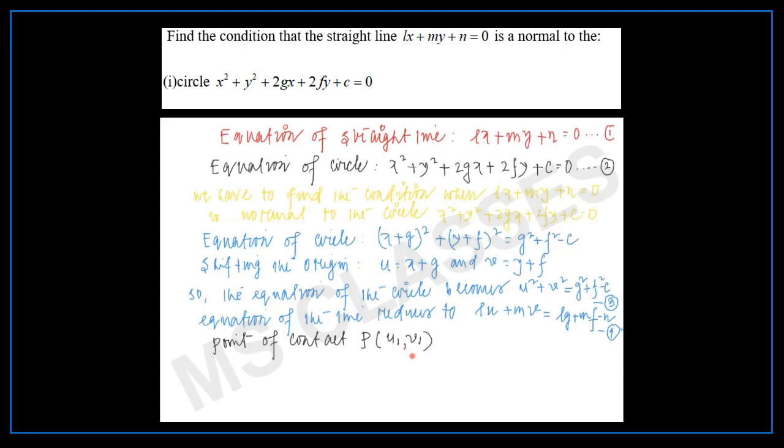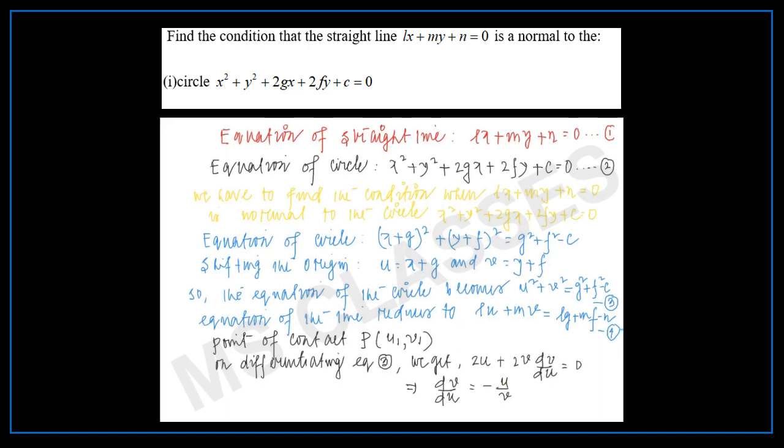Now we know the slope of the tangent at the point of contact is equal to the slope of the curve at that point. So on differentiating equation 3, we get 2u + 2v dv/du = 0. From this we get dv/du = −u/v. So this is the derivative of the curve.